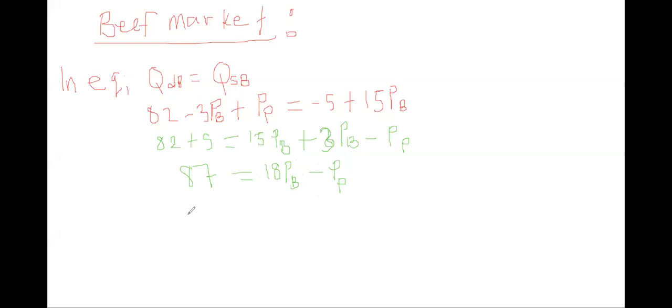So we can restate this equivalently as 18 times the price of beef minus the price of pork equals to 87.